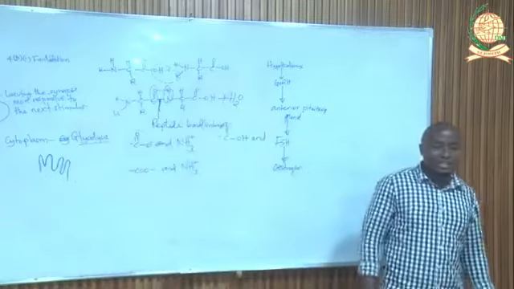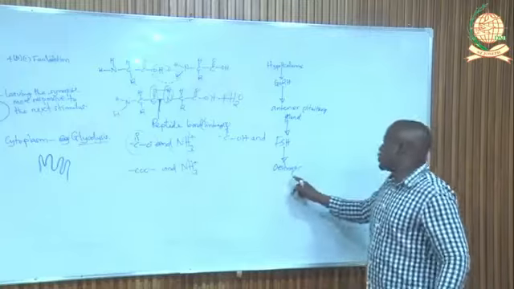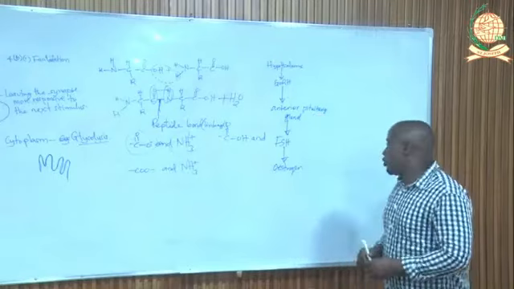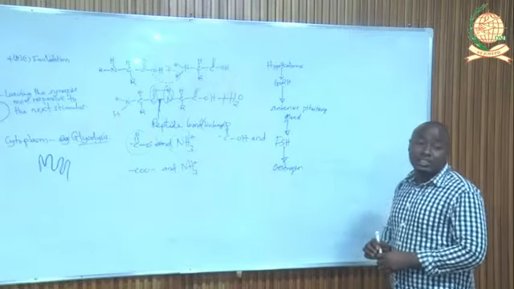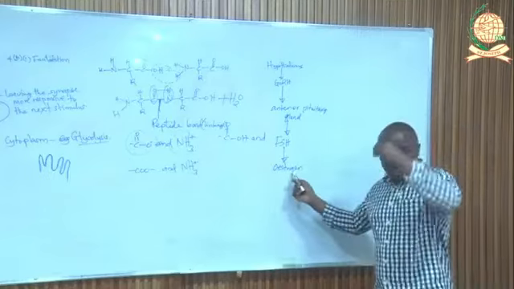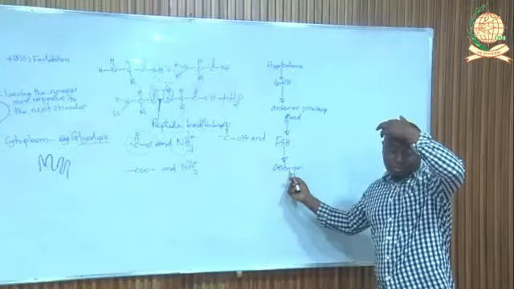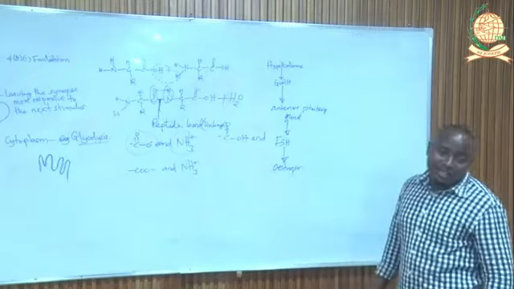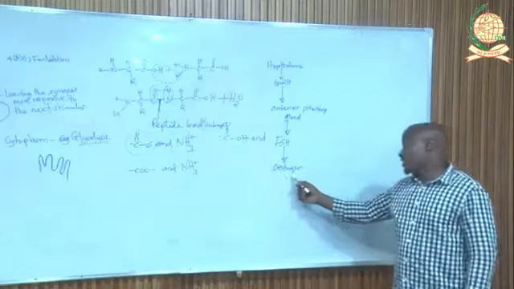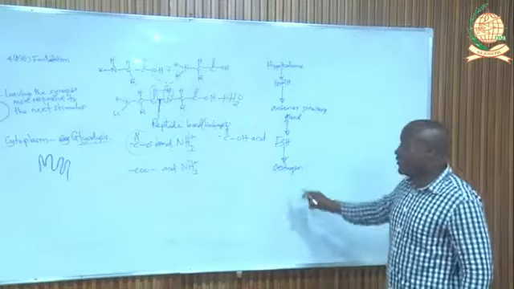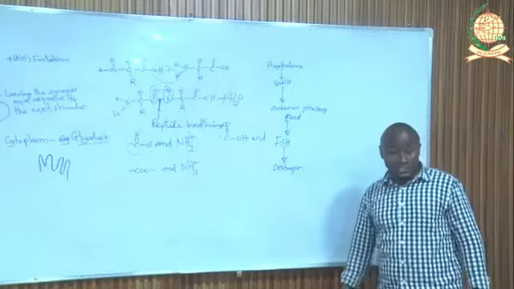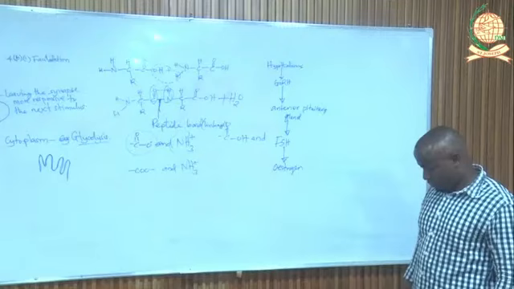The first target of oestrogen is the anterior pituitary gland, and the second target is the uterus.